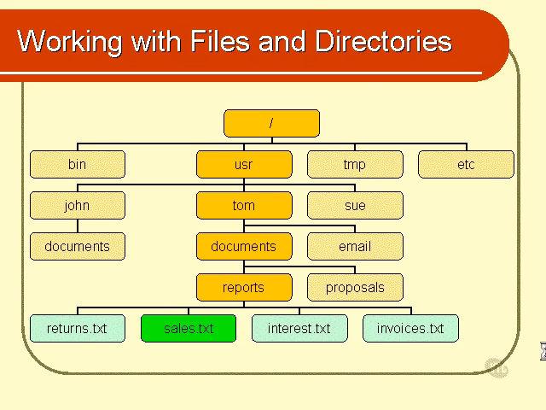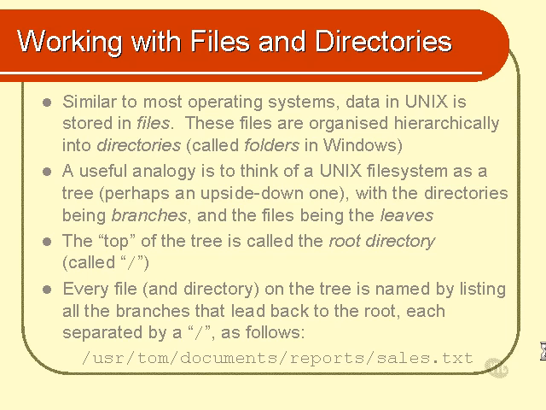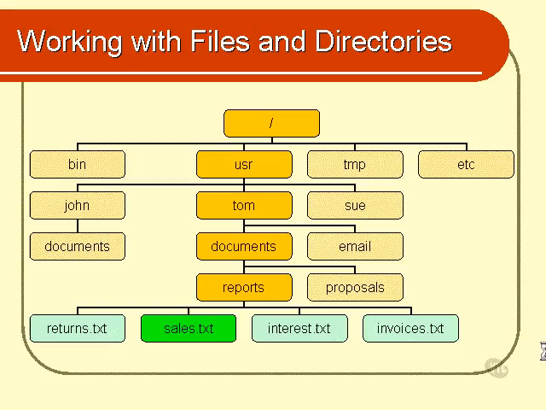I'll just flip back to that slide so you can have a look at it again. There it is, /usr/tom/documents/reports/sales.txt. And that's the way it is with all files and directories in the Unix system.